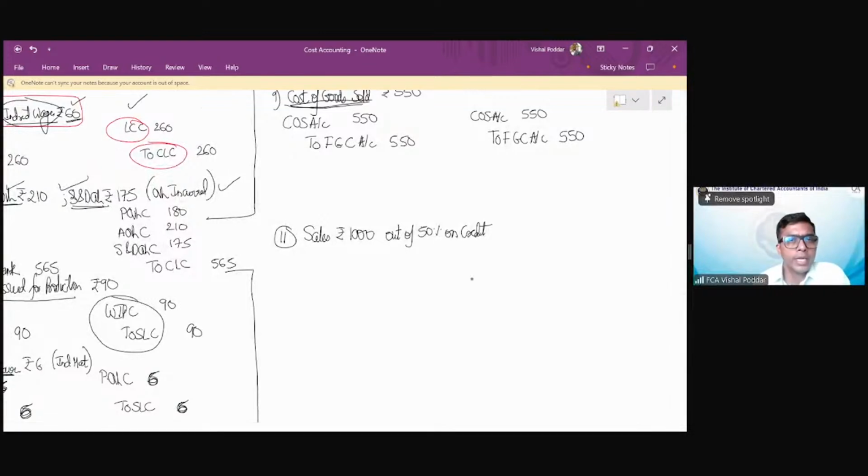For sales, what is the entry we pass in our accounting? We have debtors, we have cash in bank, we have sales. So you will pass it like this, 500, 500, 1000.